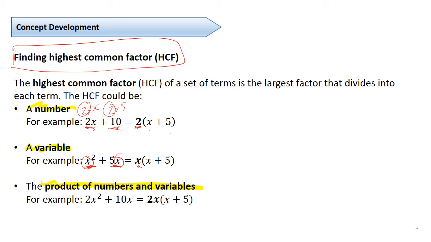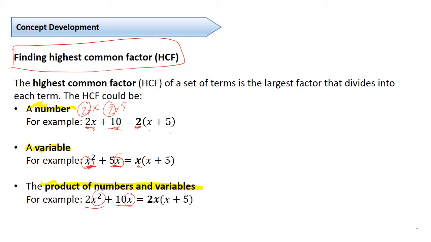Product of numbers and variables. The third one is probably the trickiest because we need to think about both the numbers and then the variables. So a bit going on with these ones, but really quickly we can see it's just a combination of those two examples. 2x squared and 10x.